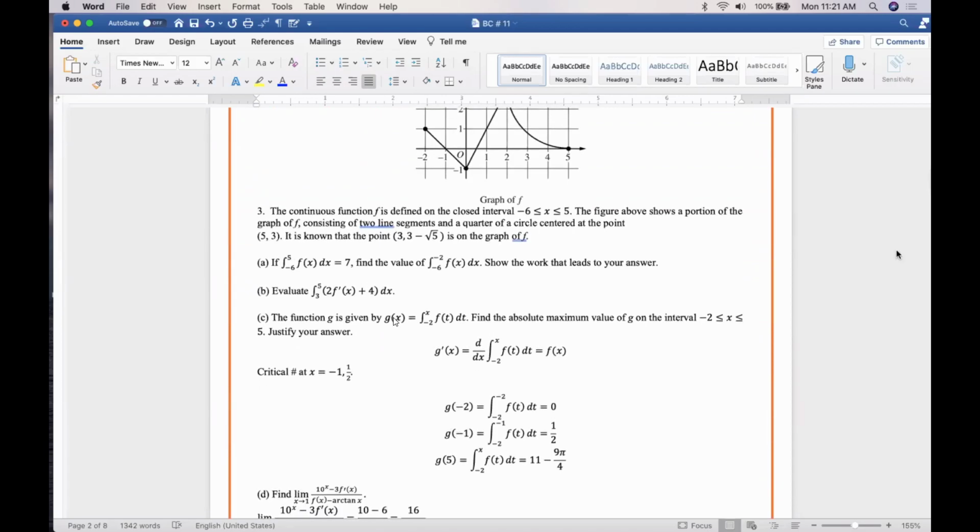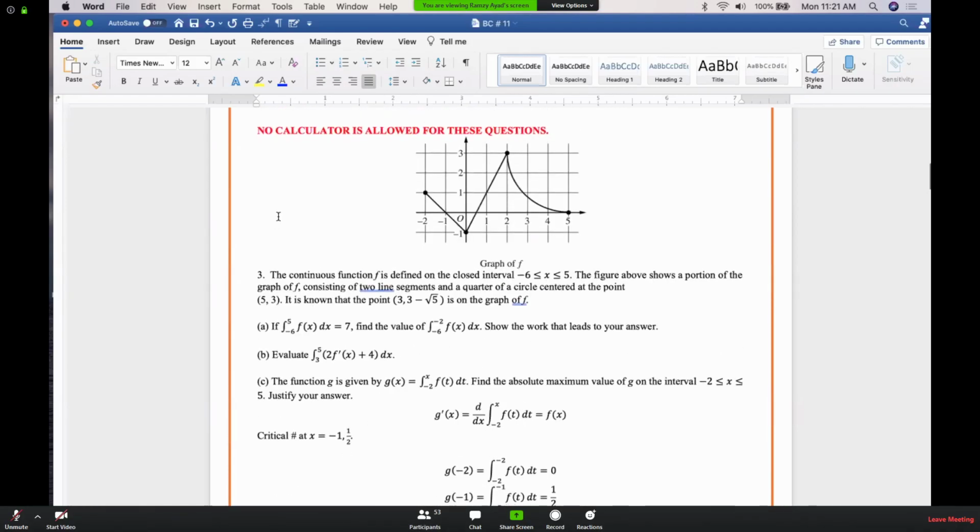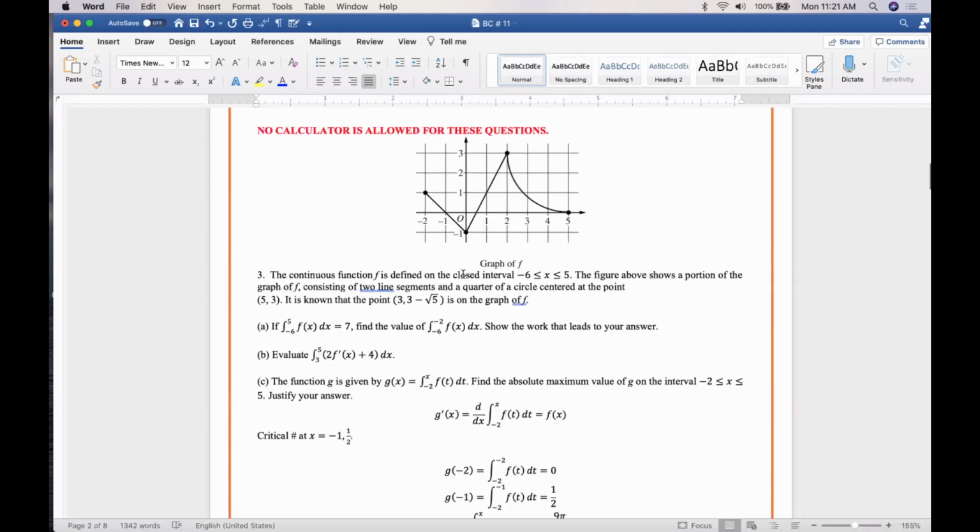It says the continuous function f is defined on the closed interval from -6 to 5. What's drawn here is -2 to 5, but the function is continuous from -6, so there's a part here that I don't see.